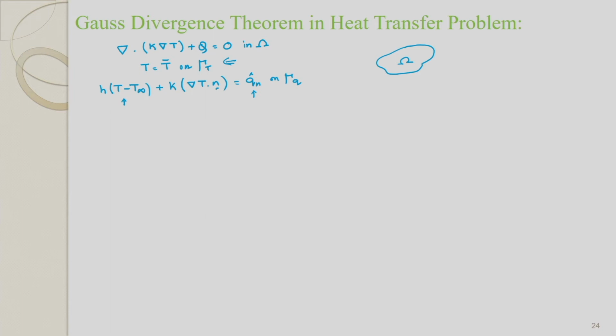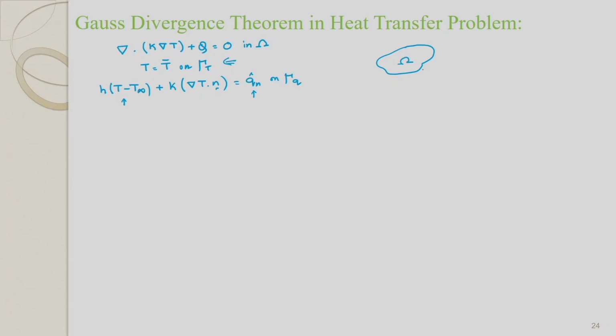Now, from this governing differential equation we will derive the variational statement. So, as we know, we can multiply with the variation. Now, because our dependent variable temperature is a scalar variable, the variation is also a scalar.